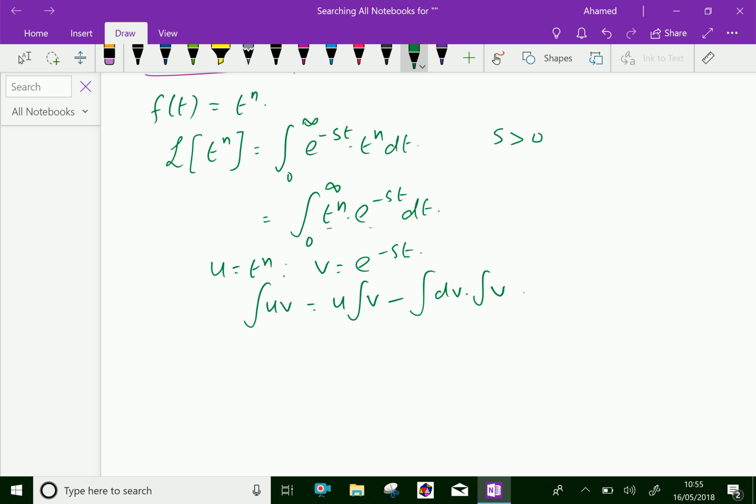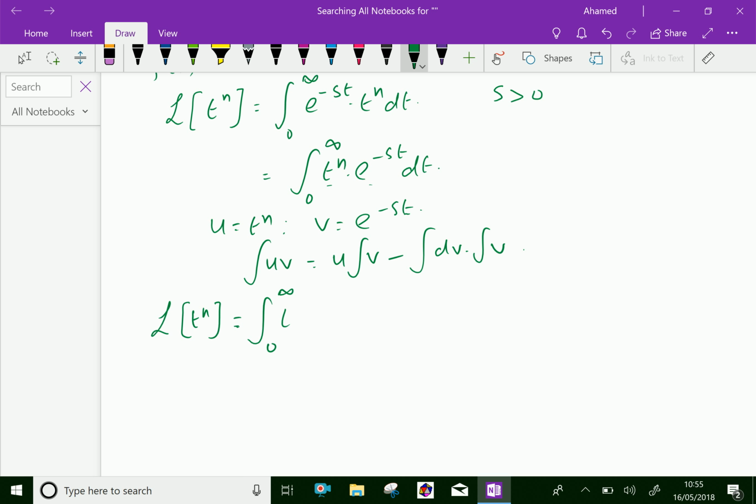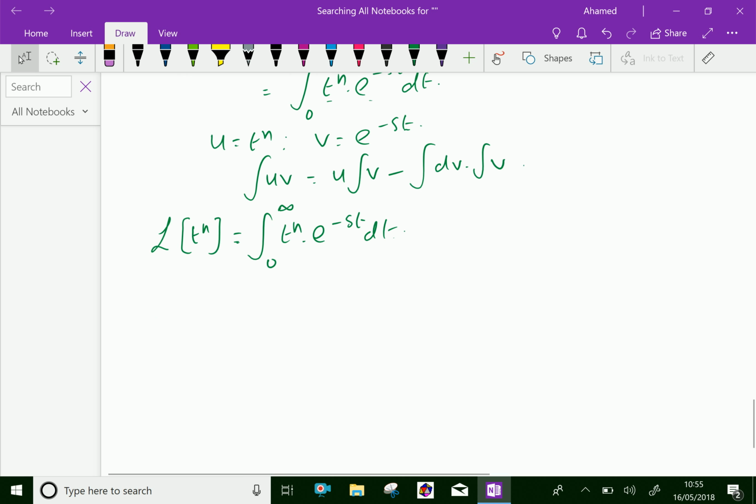Regarding this, we'll continue. Laplace transform of t power n equal the integral 0 to infinity, we'll write one more time t power n into e power minus st dt. Now integrate by parts.